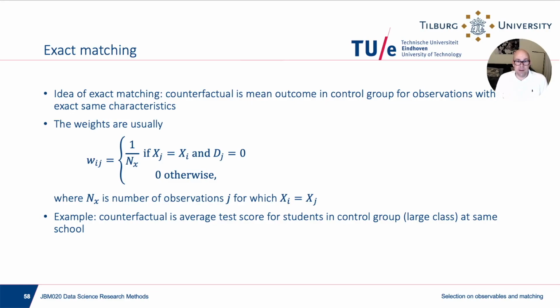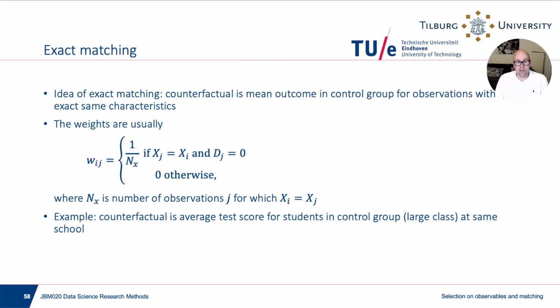And then when one has all these units j that have the same x_j as x_i, one can simply count how many one has, say n_x, and then one would just give equal weight to all of them and take the average of the outcome for all these control units that have the same x.